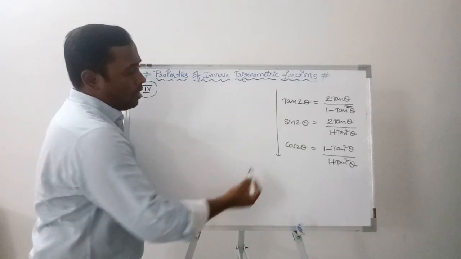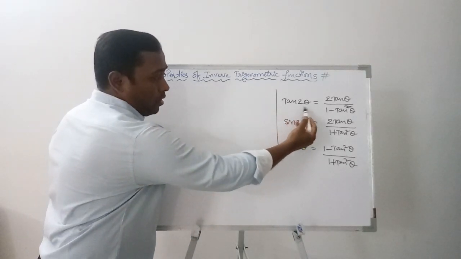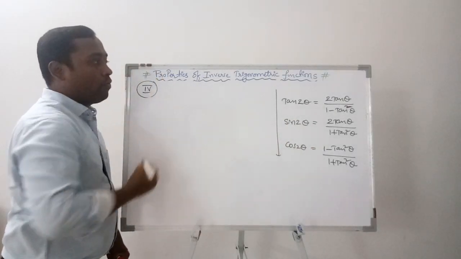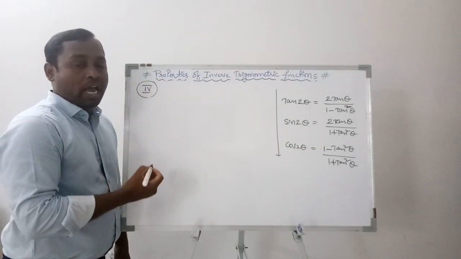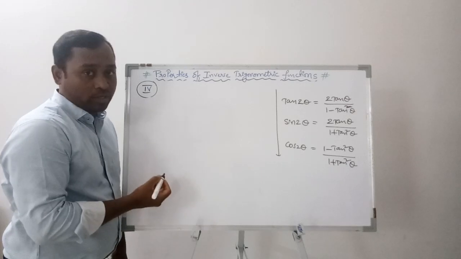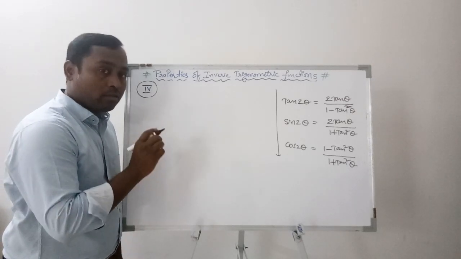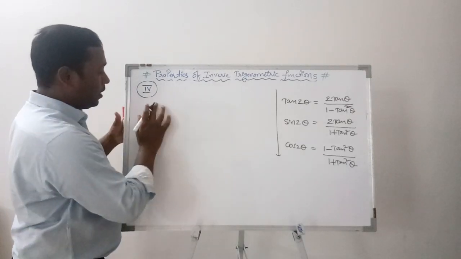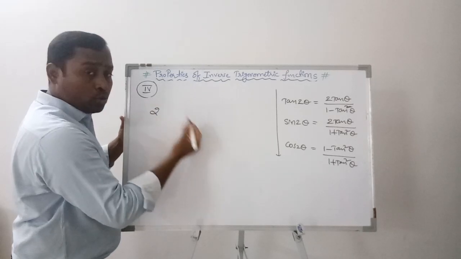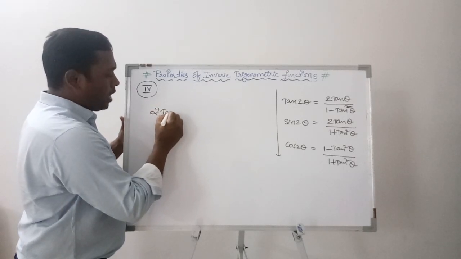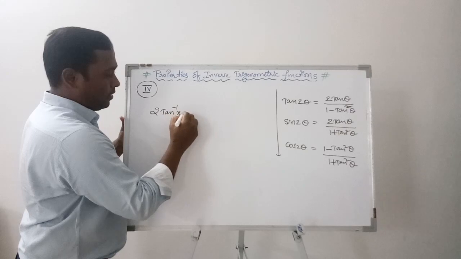Now in a similar manner, as we have the 2 theta formulas here, we also have the 2 times tan inverse x formulas. See, it is a very useful formula, 2 times tan inverse x.